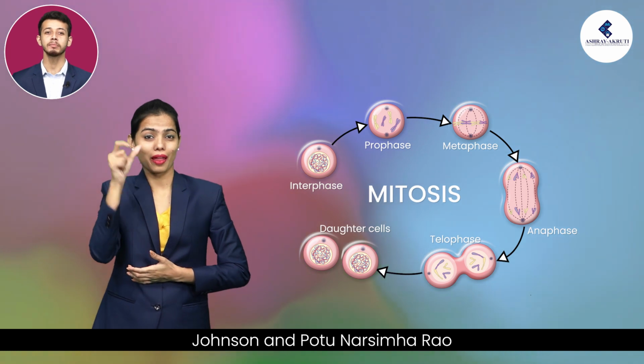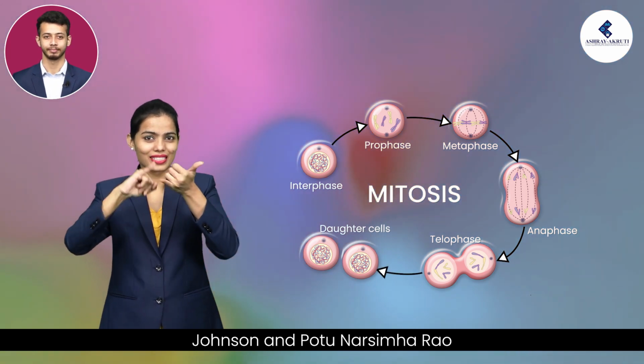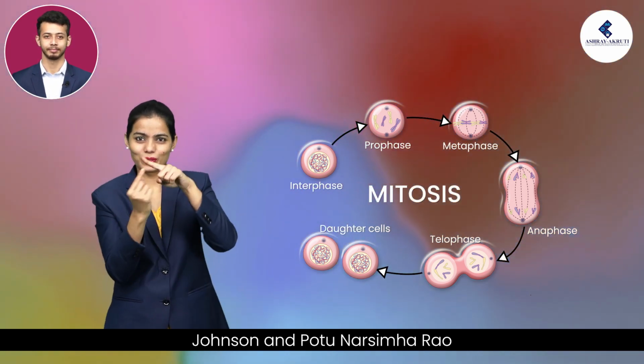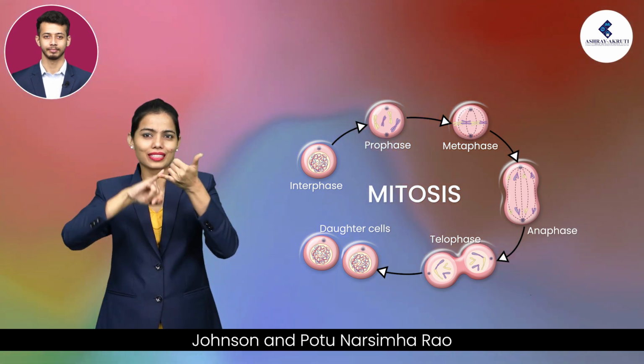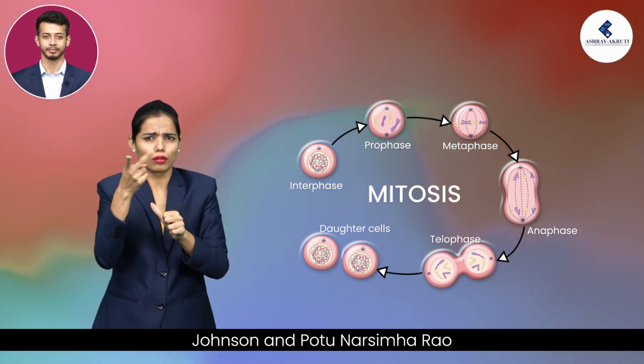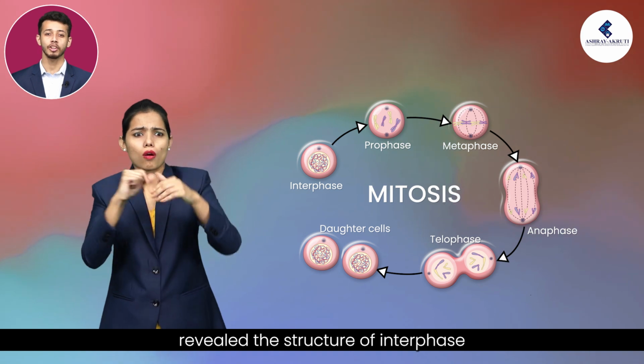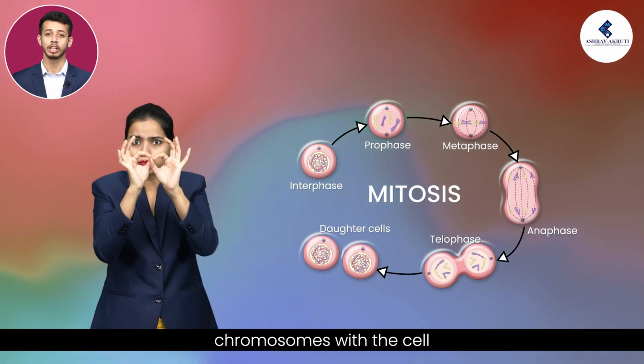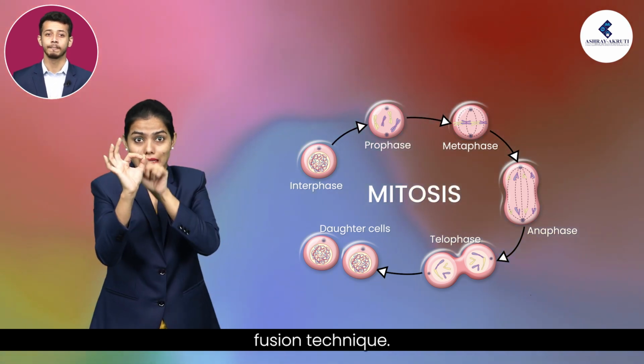Johnson and Pottu Narasimha Rao revealed the structure of interphase chromosomes with the cell fusion technique.